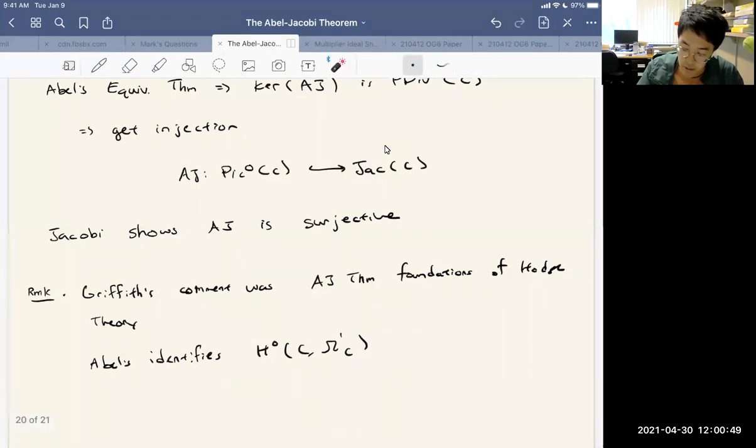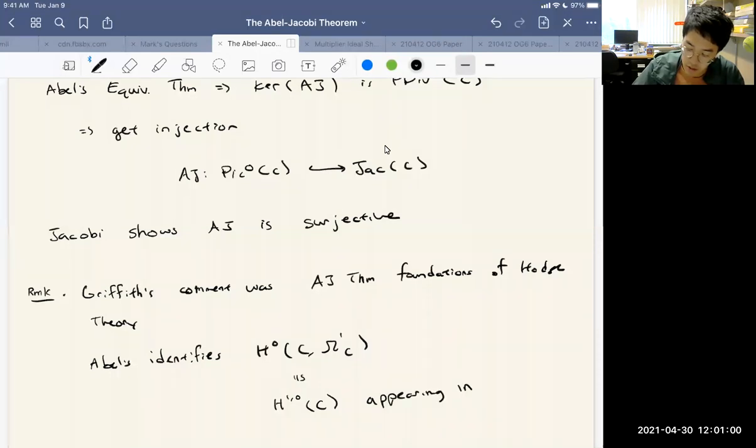And this vector space is something that appears in the Hodge decomposition. This is like H10 of C appearing in the Hodge decomposition.